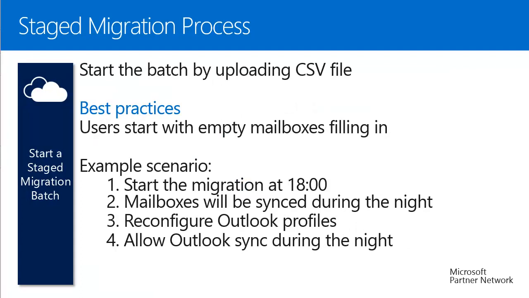When you create a migration batch, you are specifying the affected users by a CSV file. And here there is one interesting point. After you have started the batch, then immediately these users will be switched to the cloud. So it can be that the user is logging on to the mailbox, however the data is not replicated up to the cloud yet.